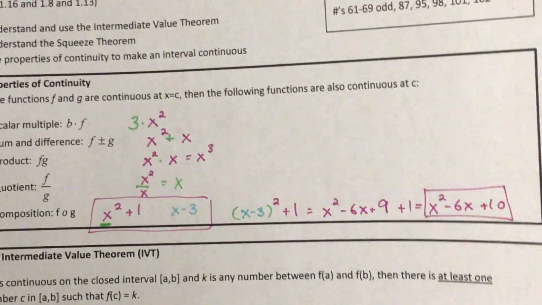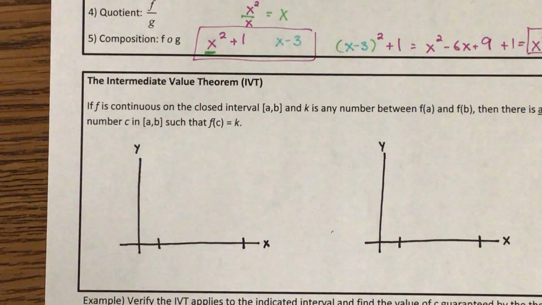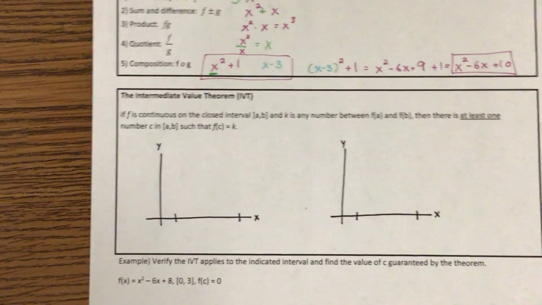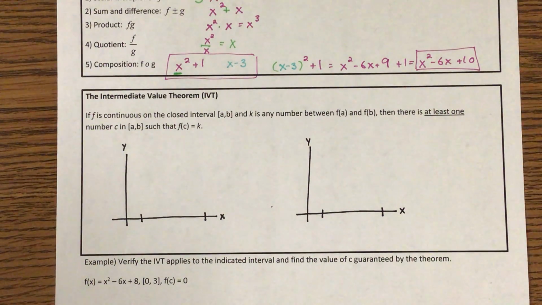Next thing is intermediate value theorem. This is one of the first theorems that we actually have to get memorized. But memorizing the idea behind it is just as good as memorizing the words. Okay, so first off, if f is continuous on the closed interval from a to b. All right, that one's not so bad. Let's draw in a and b down there on the bottom.